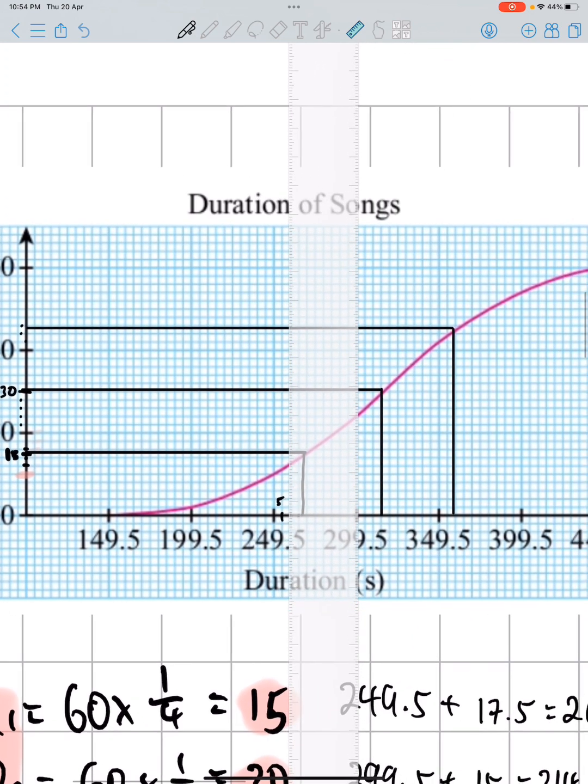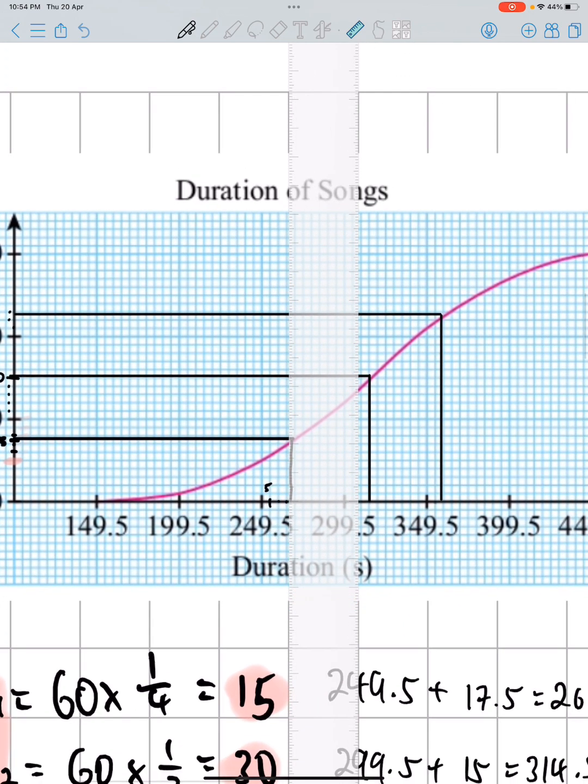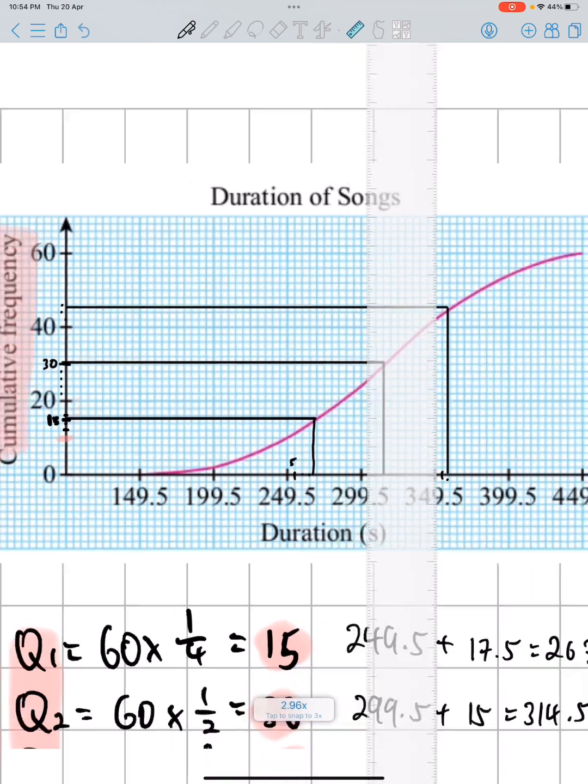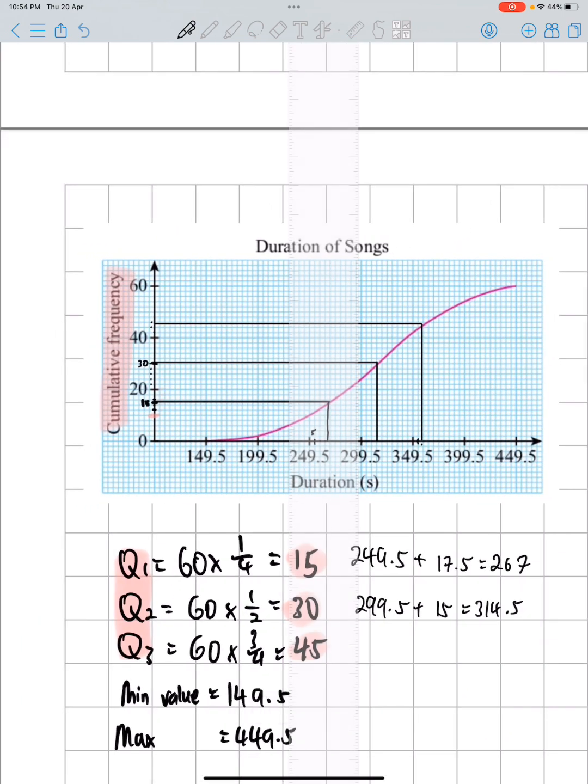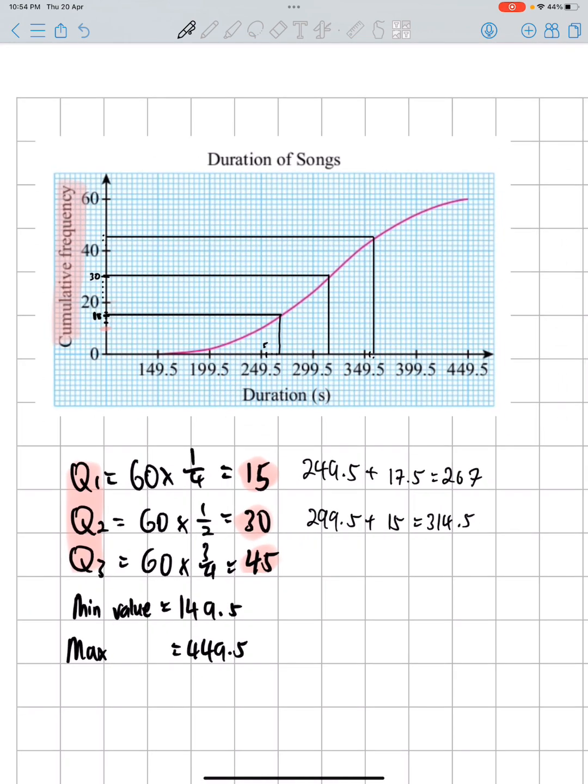It's easy to redraw. So 5 and 2.5, so 7.5. So we don't need a ruler now. So 349.5 plus 7.5 equals 357.